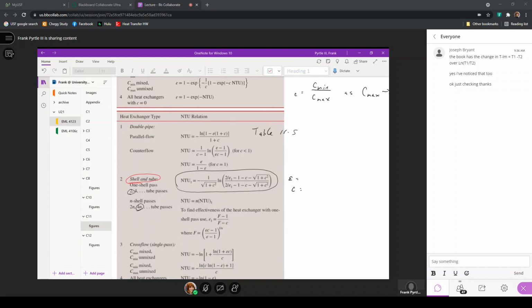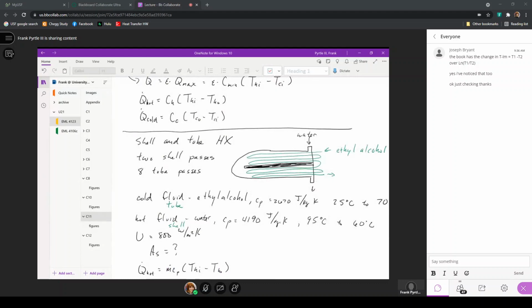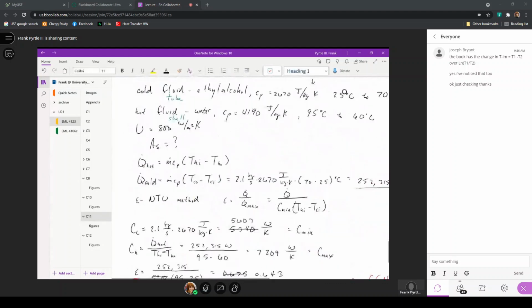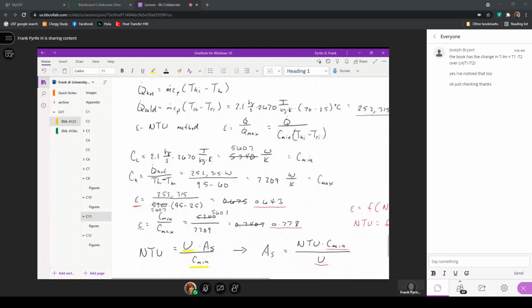So here we can say 4 N shell passes. So we'd use this expression to determine the number of transfer units, where our effectiveness here was 0.643, and the capacity rate ratio of 0.778.